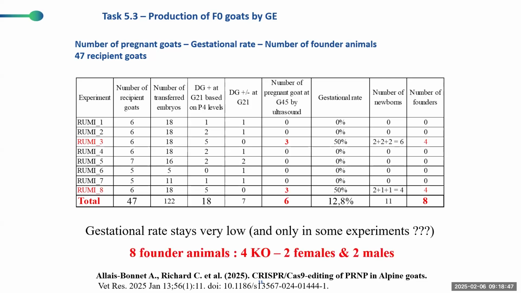And from these 8 founder animals, we get 4 knockouts, 2 female and 2 male.